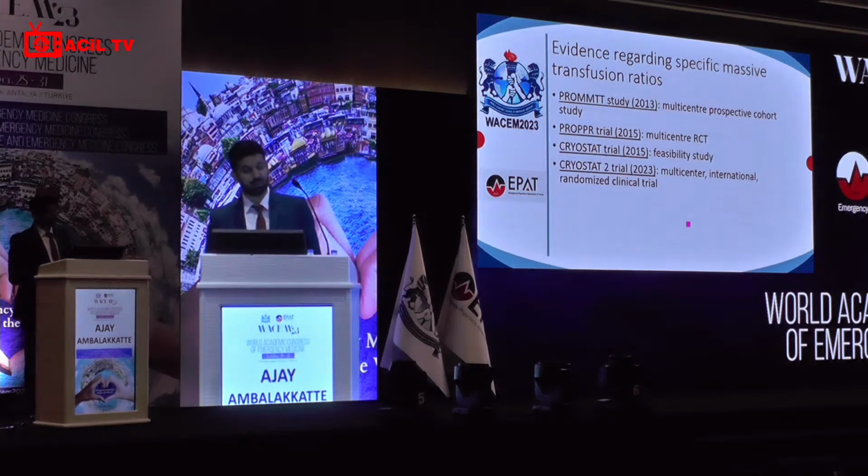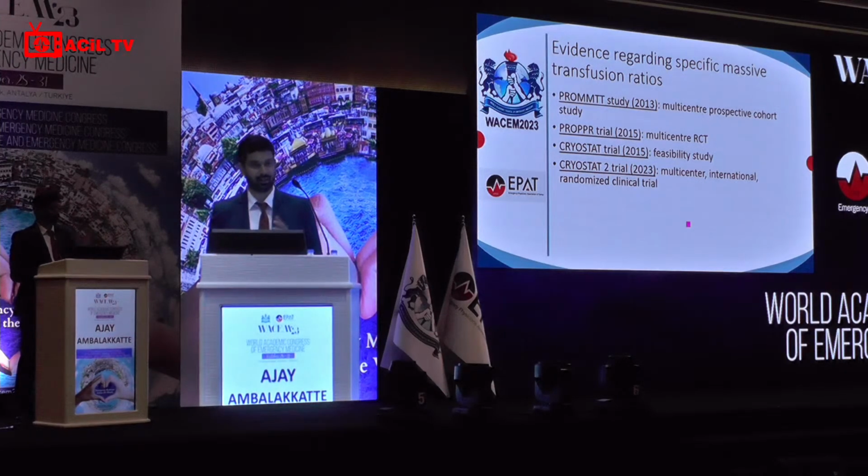Now, evidence of using massive transfusion ratios. The first idea of massive transfusion ratio comes from the first cohort study, called the PROMMTT study, in 2013, where they said that those patients who were receiving a high ratio of RBCs to platelets and plasma had a high early death.